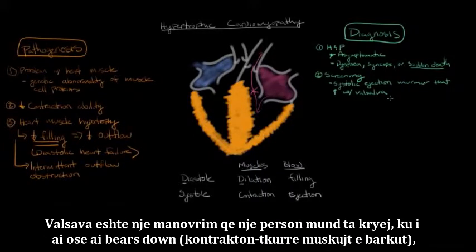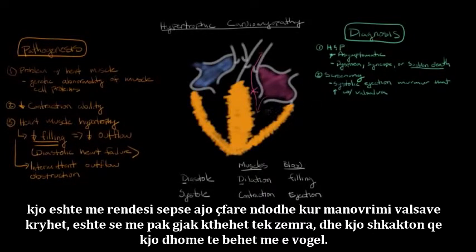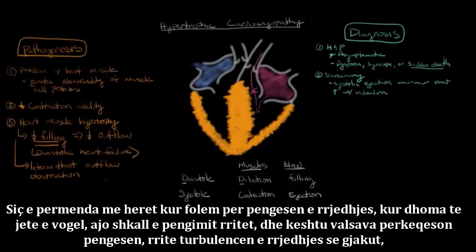But how about this part that it increases with Valsalva? Well, a Valsalva is a maneuver that an individual can perform in which he or she bears down like they're about to have a bowel movement. And this is important because when a Valsalva is performed, less blood returns to the heart, and this causes this chamber to become smaller. And as I mentioned earlier when we were talking about that intermittent outflow obstruction, when that chamber is smaller, the degree of obstruction increases.